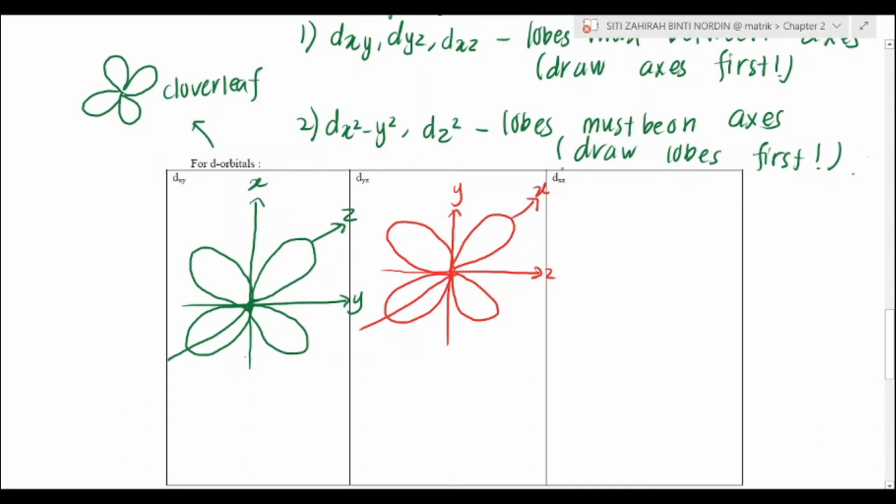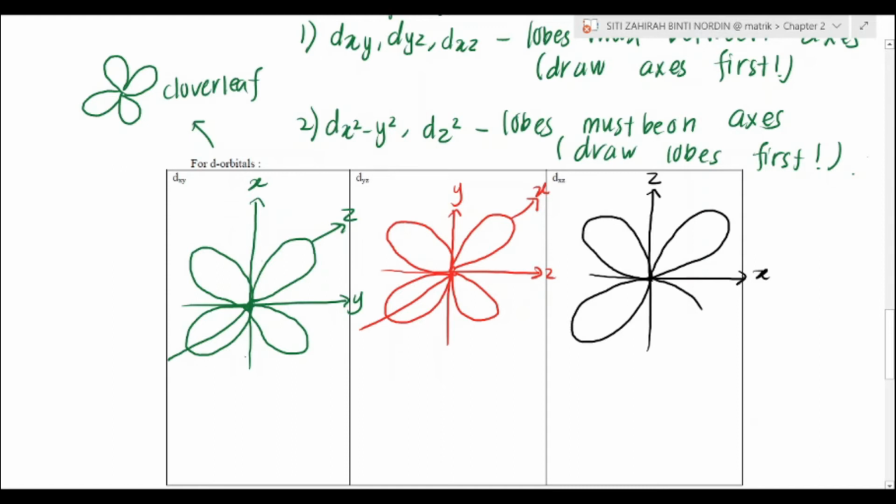For dxz, draw your x and z axis first, and then a lobe between x and z, 1 lobe, 2 lobe, 3 lobe, and 4 lobe. This lobe is bigger, so I need to redraw it. The axis between x and z must be y.